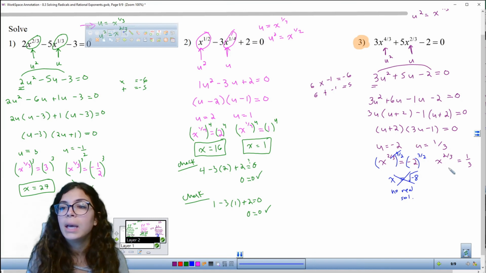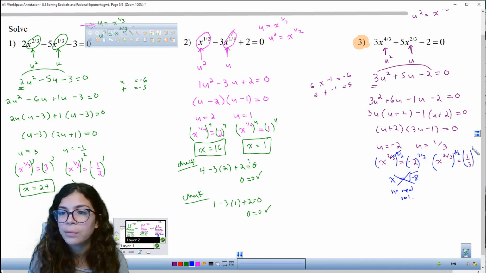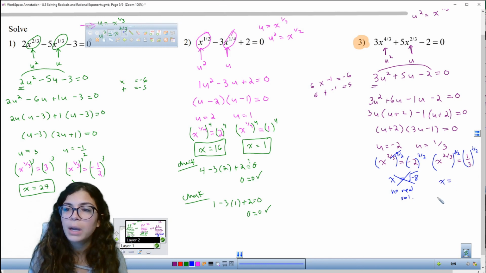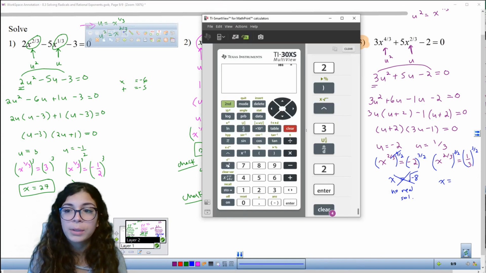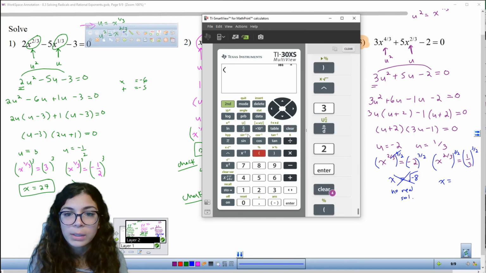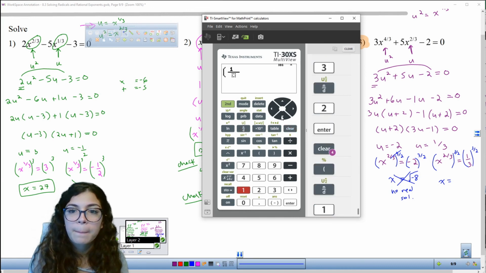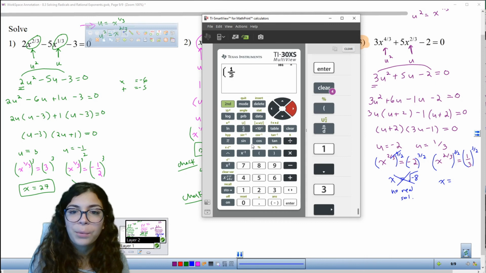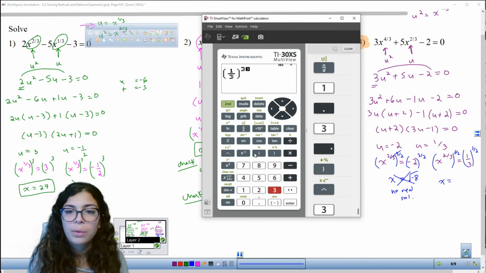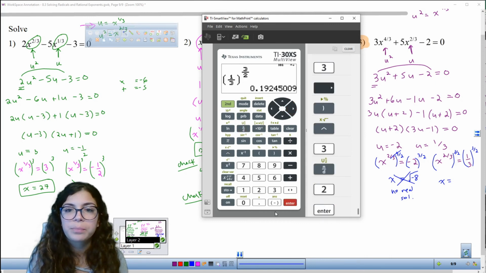All right. Over here, we have x to the power of 2/3, so I go ahead and raise both sides to the power of 3/2, and we end up with x equals 1/3 to the power of 3/2, and I'm just going to be lazy and use my calculator, to the power of 3/2, and we get a decimal.